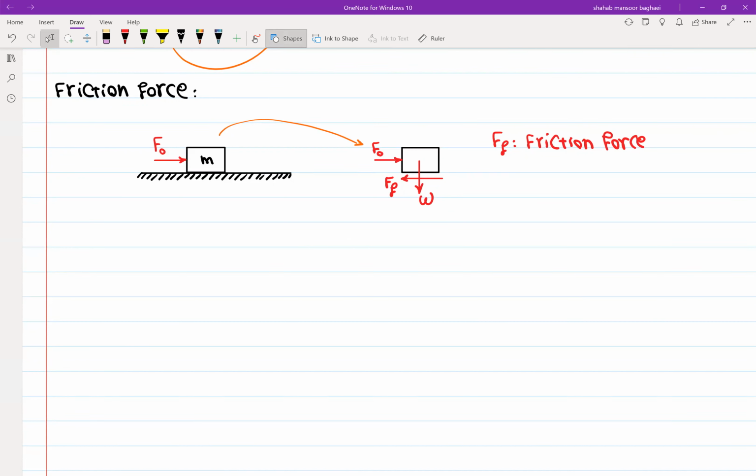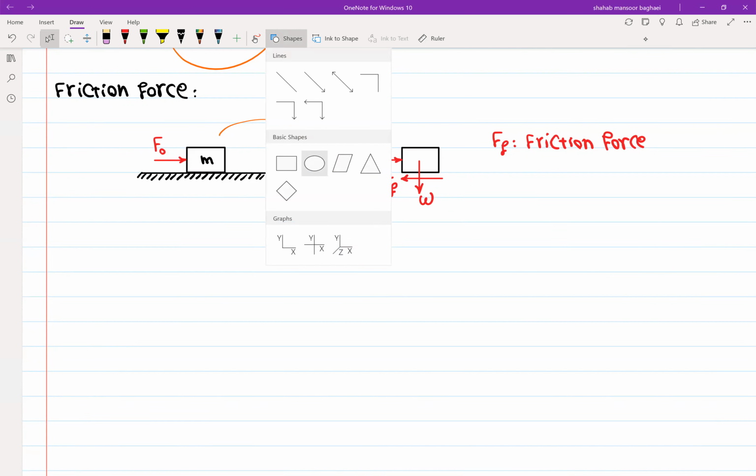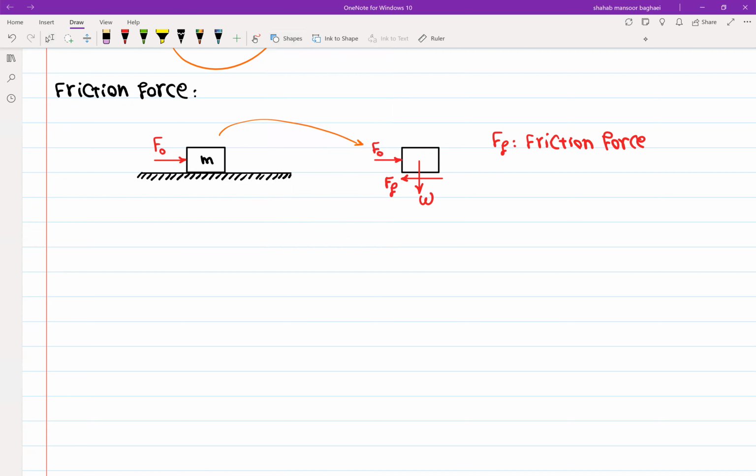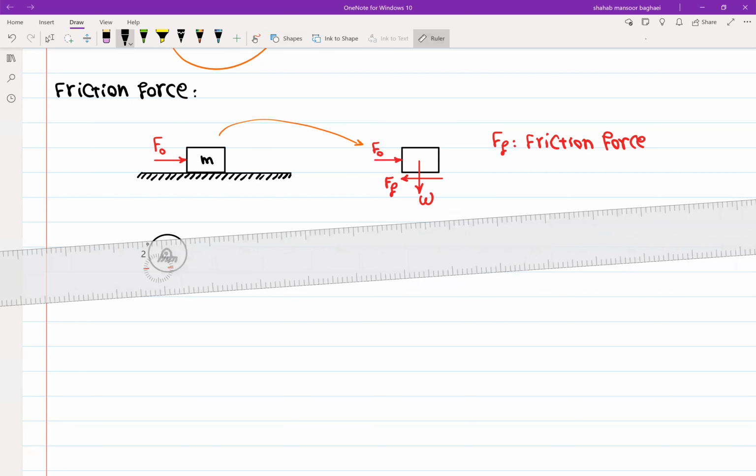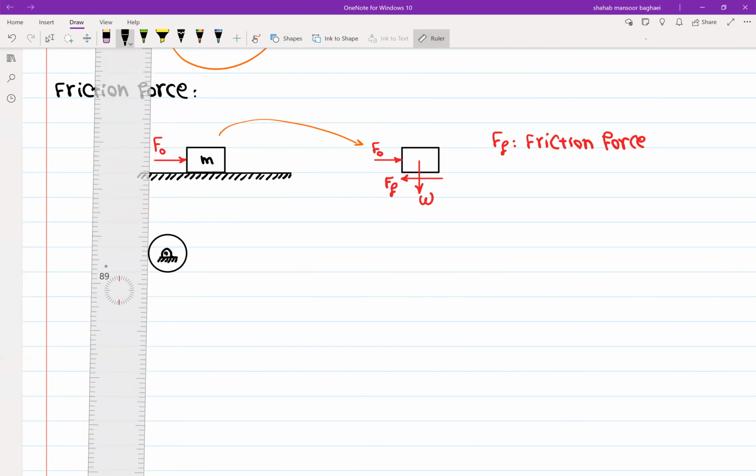Look at this system. Imagine there's a pulley here. And we have a cable.